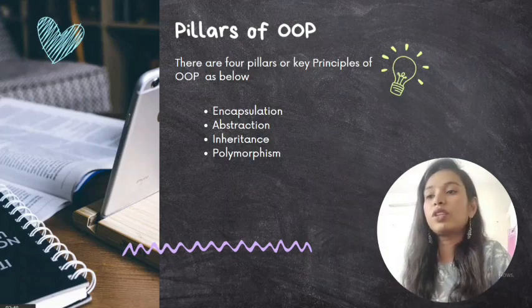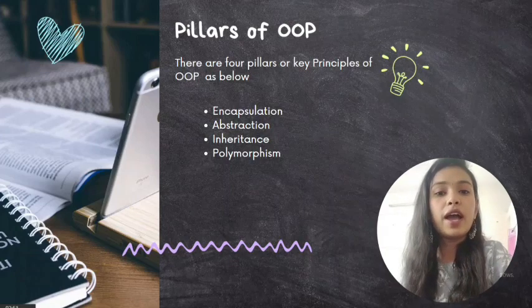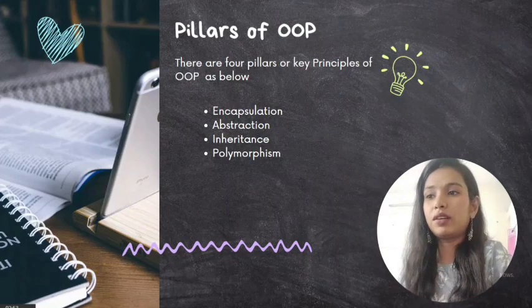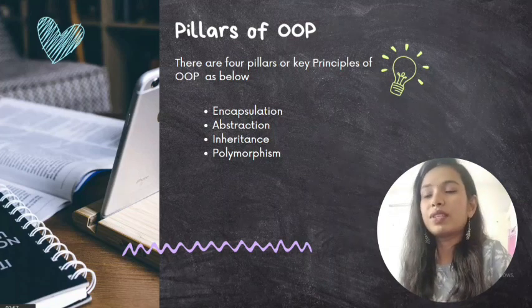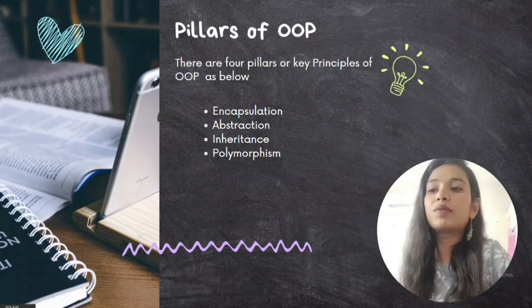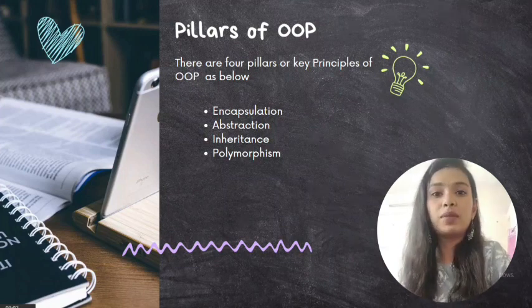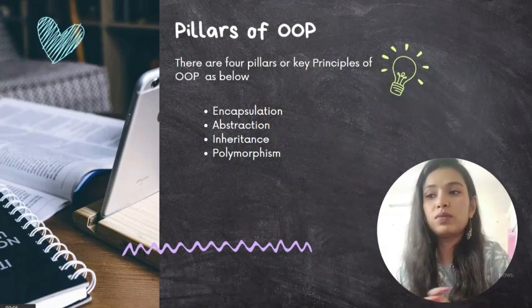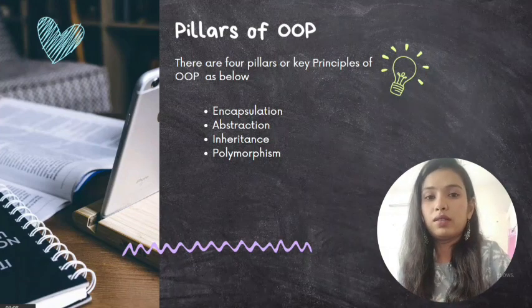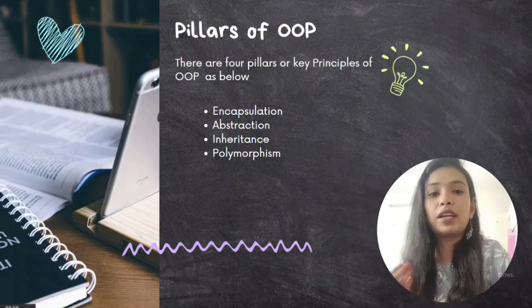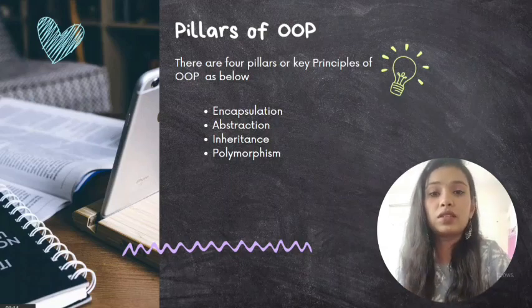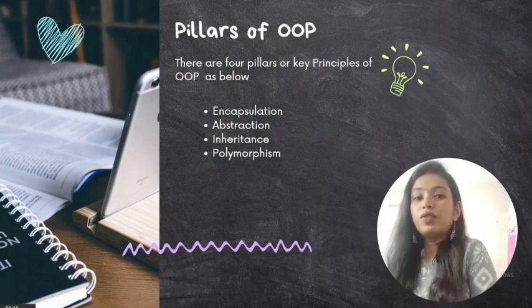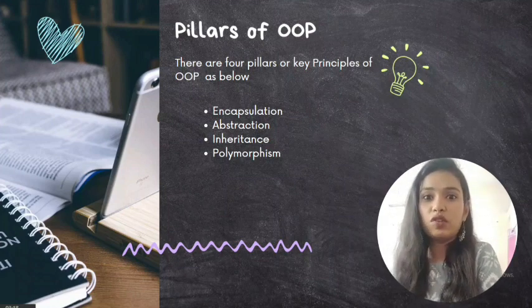Inheritance means you can reuse your code, and it gives you reusability of code. Polymorphism means you can have a single method with multiple definitions, a single method but with different or multiple behaviors. We will see each of them one by one.